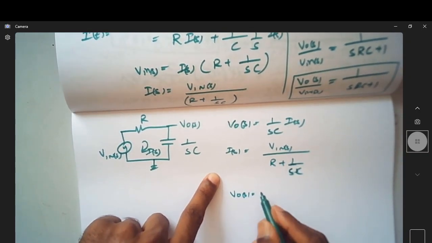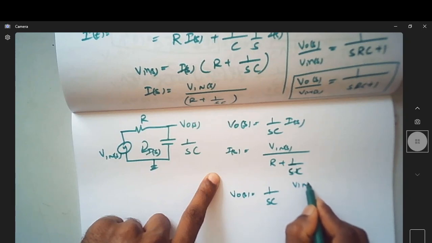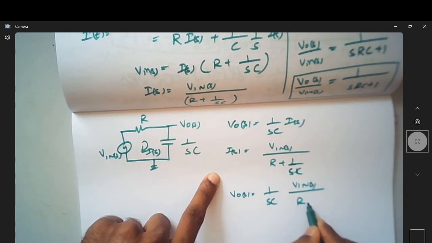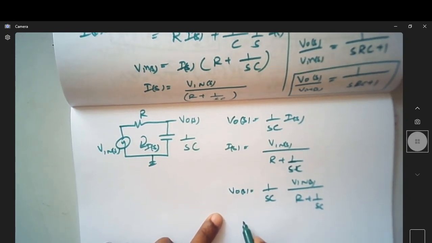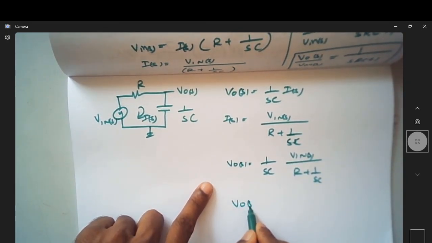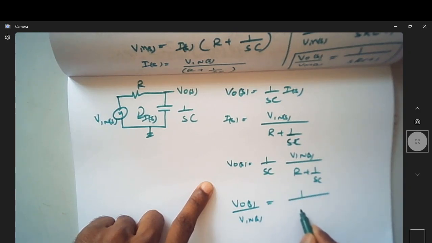So V naught of s is equal to 1 over SC times V in of s by R plus 1 over SC. Now you can write V naught of s by V in of s as equal to 1 over SRC plus 1.